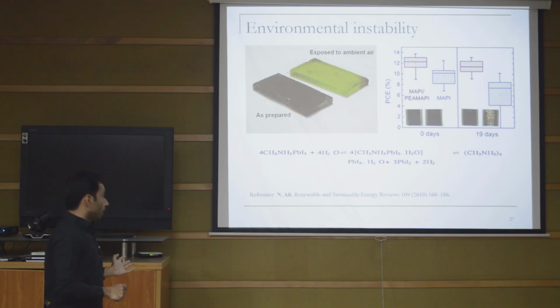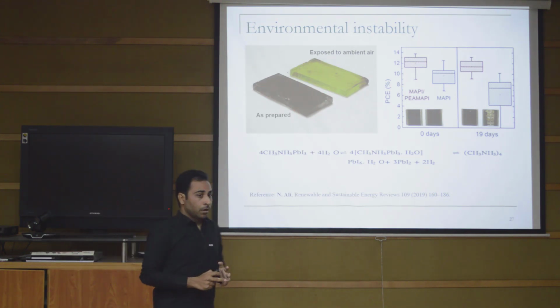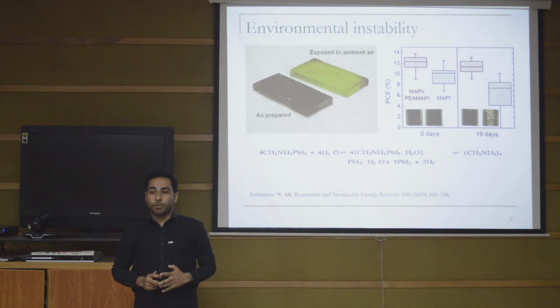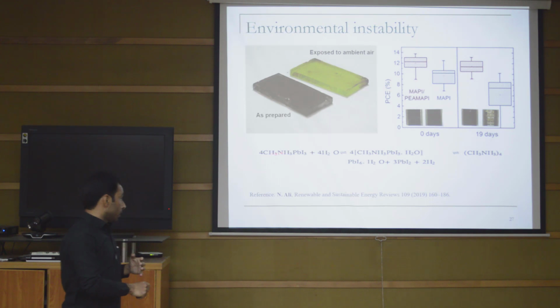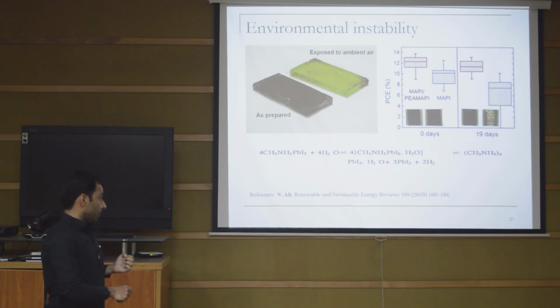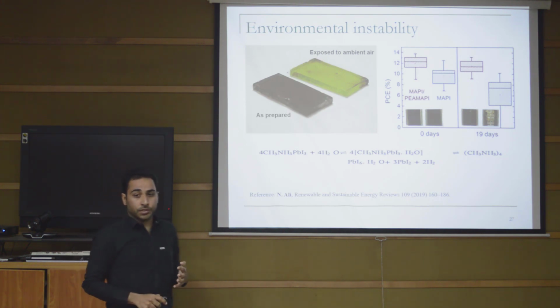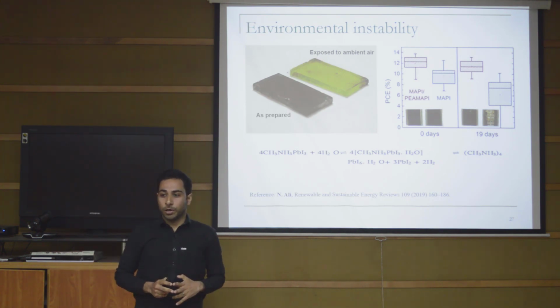Here you can see the perovskite material is extremely unstable in the ambient environment. Let's suppose there is a little bit of humidity in the environment, then it will interact with the perovskite material and it will decompose into its constituents, and the material will no longer be a perovskite.